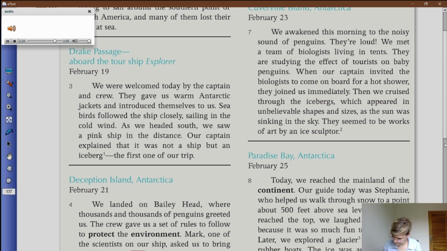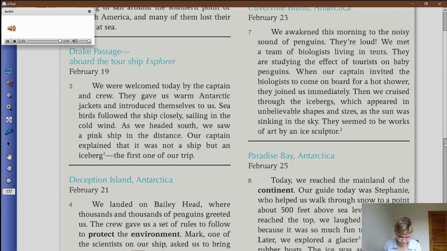Paradise Bay, Antarctica, February 25th. Today, we reached the mainland of the continent. Our guide today was Stephanie, who helped us walk through snow to a point about 500 feet above sea level. When we reached the top, we laughed like children because it was so much fun to be up there. Later, we explored a glacier in motorized rubber boats.